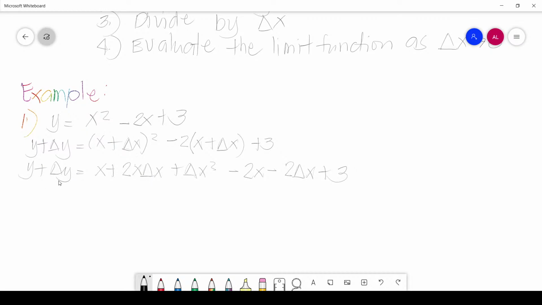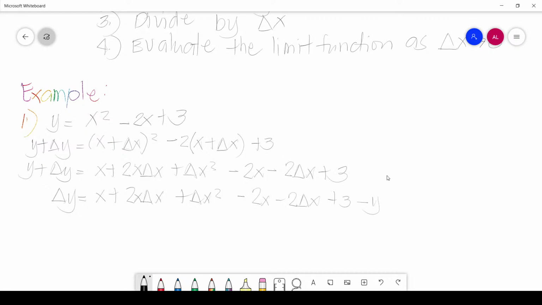Okay. So, now we solve for delta y, right? The y will be transposed. So, copy: y plus 2x delta x plus delta x squared minus 2x minus 2 delta x plus 3 minus y.